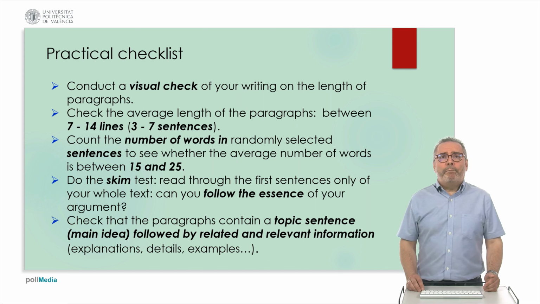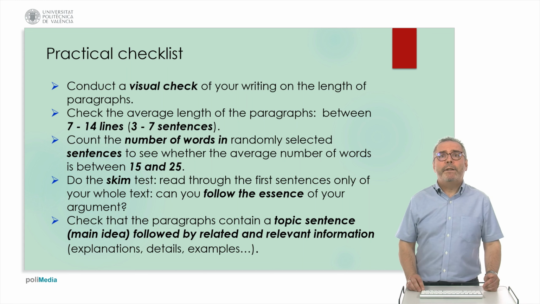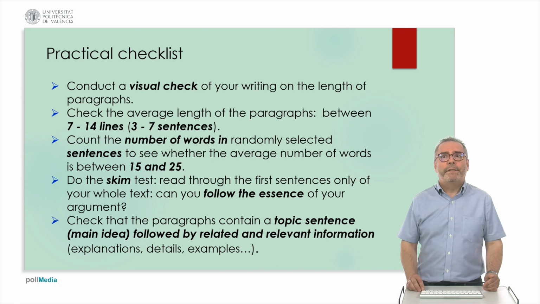I'm going to give you a practical checklist to check and verify that you're writing logical and effective paragraphs. First, conduct a visual check of your writing on the length of paragraphs. Check the average length of the paragraph.